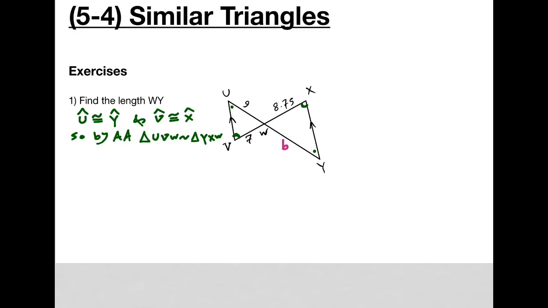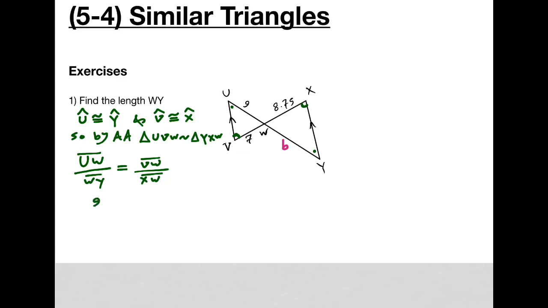So let's write the proportionality. UW over WY must be equal to VW over XW. And now let's replace the values.